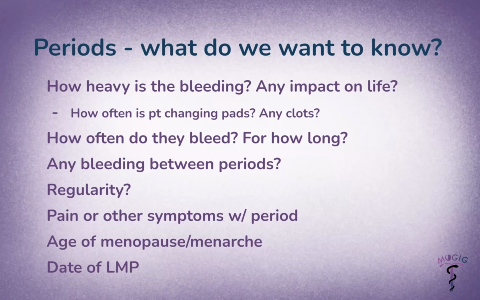This is particularly relevant for things like endometriosis or premenstrual dysphoric disorder. So these are things that cause substantial impacts on people's lives and comes back again to the impact their period is having on their lives. We then also want to know, like Mark said before, the age of menopause or menarche, and then the date of their last menstrual period.